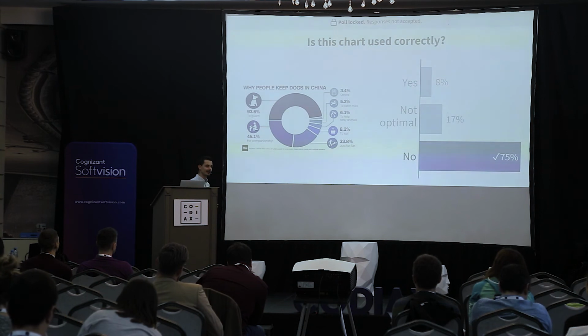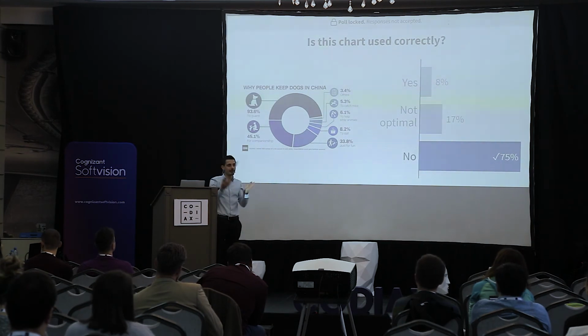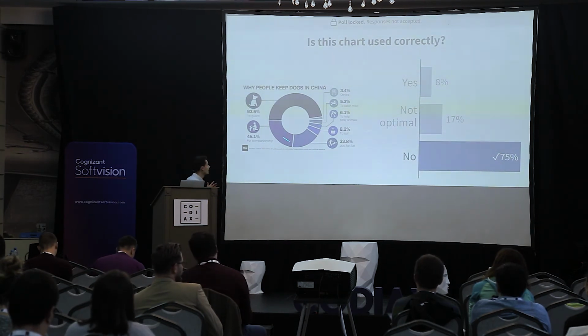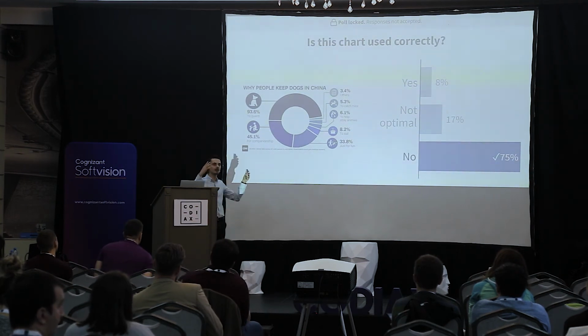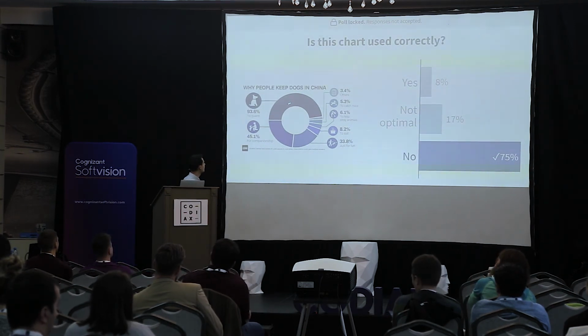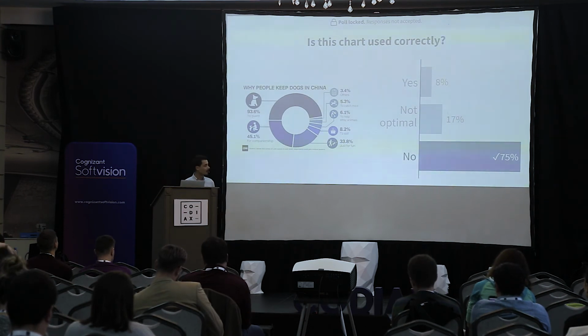Probably they thought about eating and used a donut chart. Why would I use a donut chart for showing something that is not part of a whole, right? It's not 100%. And that's the first thing I think about when I see such a visualization. Okay, the total is 100%. And I'm seeing here 93%. What the hell? Okay, let's go with the next one.